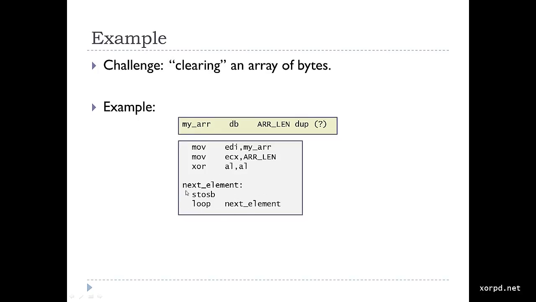Basically, inside this loop, the only instruction that does real work is stosb. Stosb is going to store the value of al into the location pointed to by edi. This loop is going to go over all the places in memory which belong to myArray, and it is going to zero every one of them.